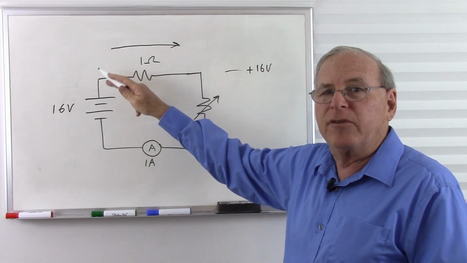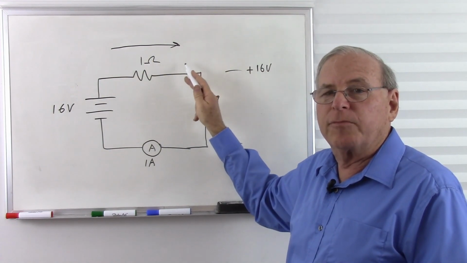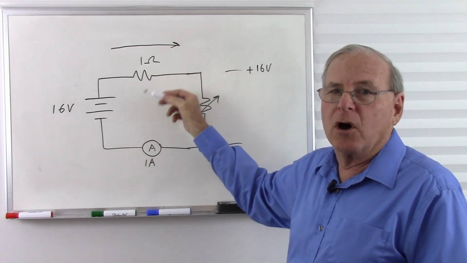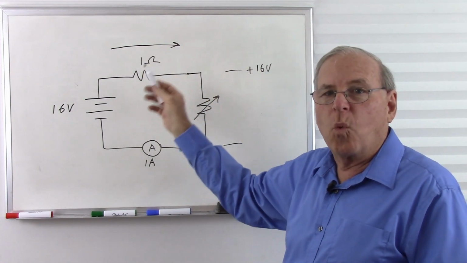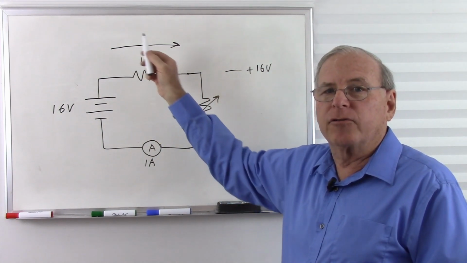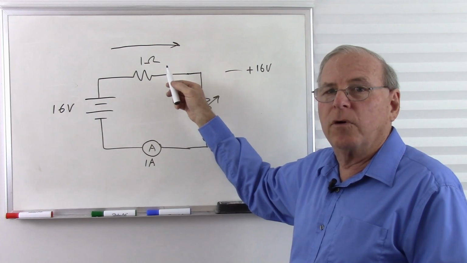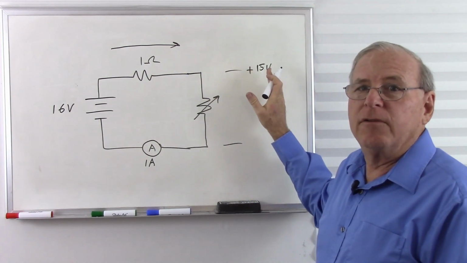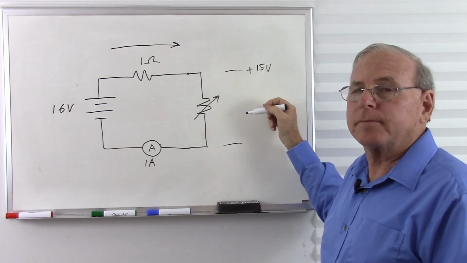This voltage must be 16 volts, so this voltage must be something lower. And so we have 1 amp going through 1 ohm. According to Ohm's law, we will have 1 volt across this resistance. Once again, higher here, lower here, so we start with 16, we lose 1 volt, and we have 15 volts across the load now.